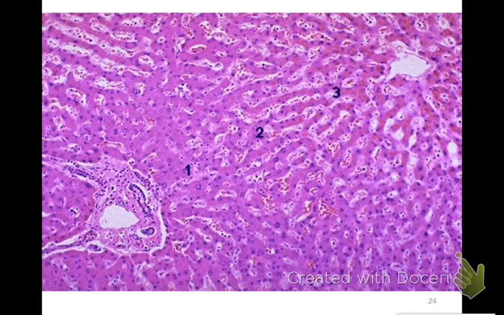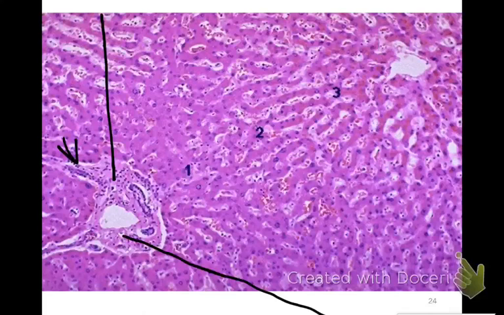Great. Now here's an unlabeled slide, and can you figure out what's going on? So this is the portal triad here. If we were going to look at a classic lobule model, then this would be the corner of the hexagon. So blood is going to be flowing.